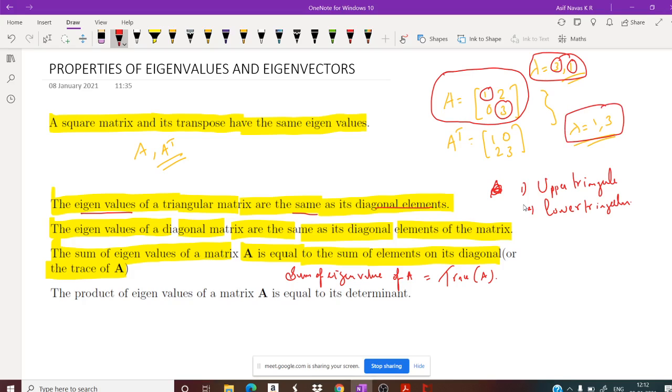What is the sum of the eigenvalues? Lambda equal to 1 and 3, so the sum is 1 plus 3, which is 4. And the trace here is also 4.